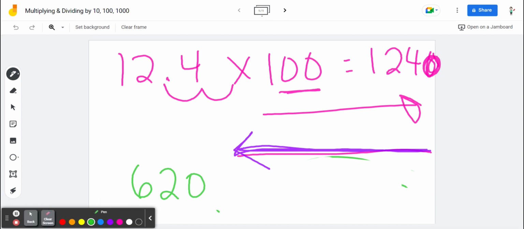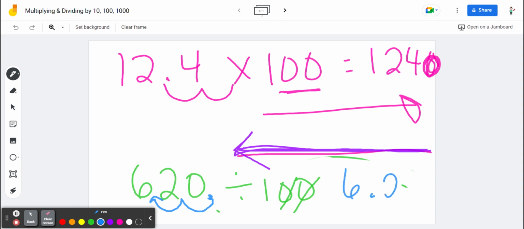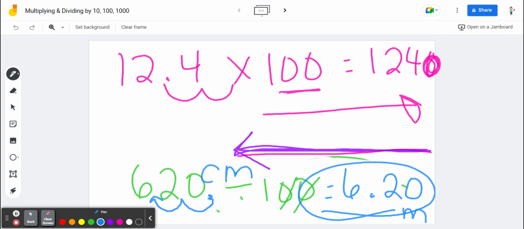So 620 divided by 100. Again, there's 2 zeros here. My decimal point would be here because it's just 620. And I'm going to move it backwards too. So 1, 2, and it's going to give me 6.20. So it's 6 and 20 hundredths meters. Okay, 620 centimeters would give me 6.20 or 6 and 20 hundredths meters.